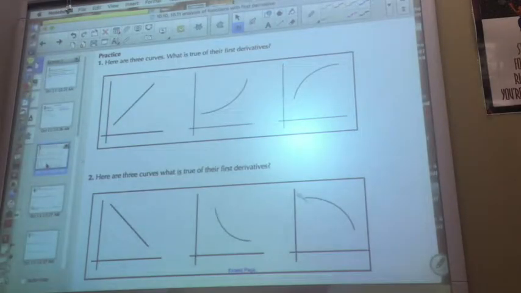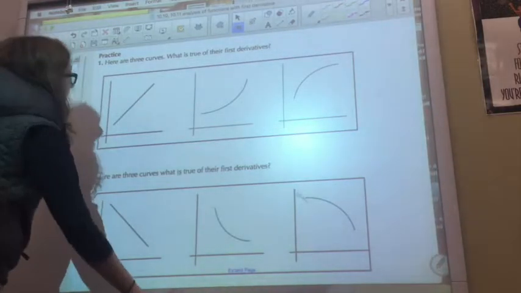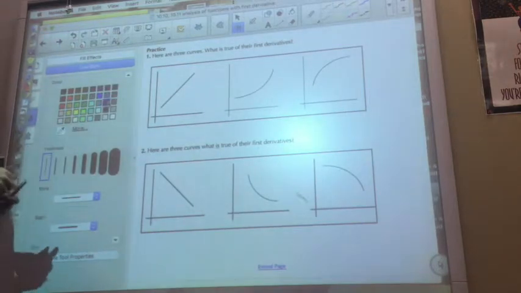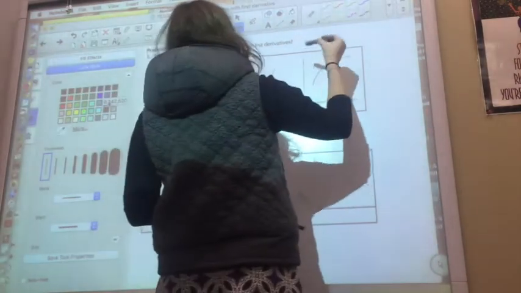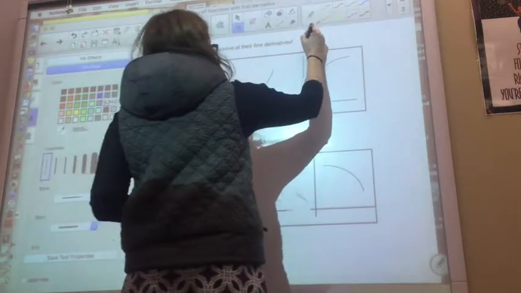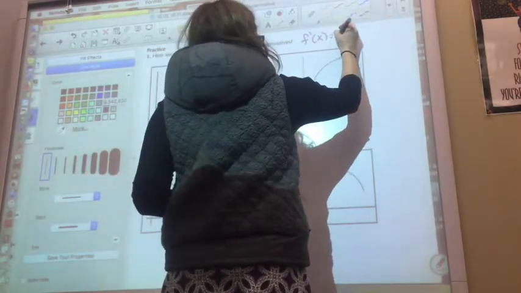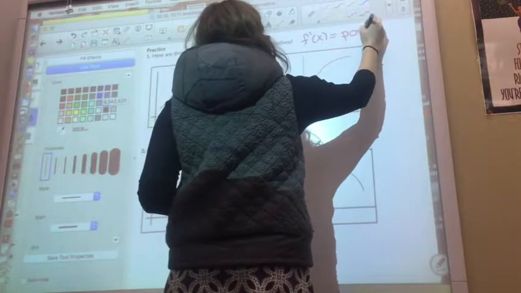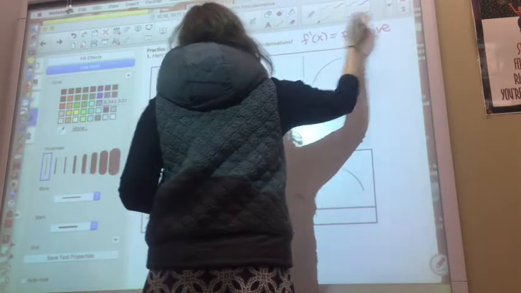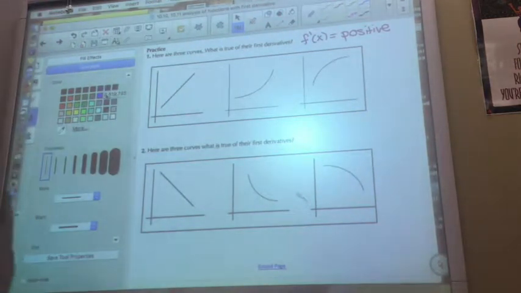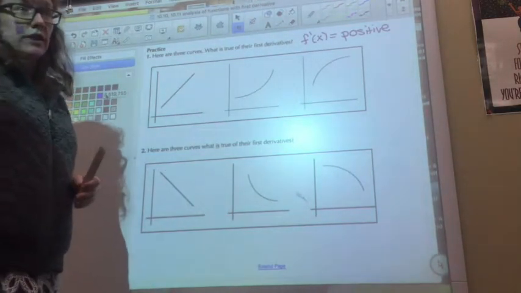Let's see. Ethan. On 1, we had these 3 curves. What did you say was true about their first derivatives? They were all positive. Why are the first derivatives all positive? Because the slope is increasing. Ooh, I disagree with that. What is increasing? The functions are increasing.